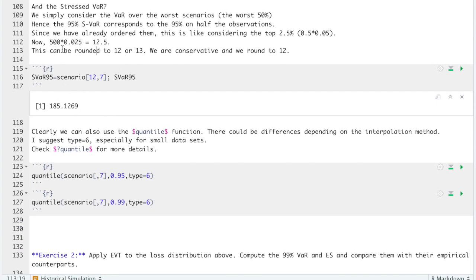Now, all these quantities can clearly be recomputed in a more fancy way. One way is, for example, to use the quantile function that allows us to compute the empirical quantiles given a data set. Now, for the quantile function, I suggest you type ?quantile to read all the different aspects of this function.